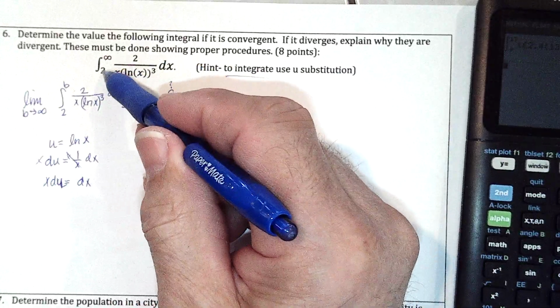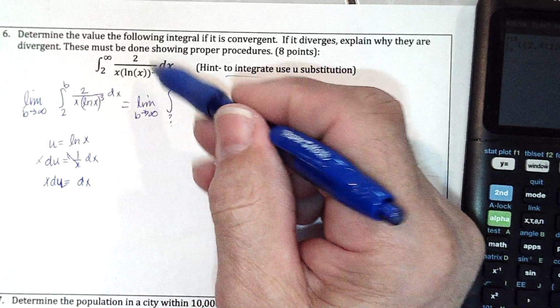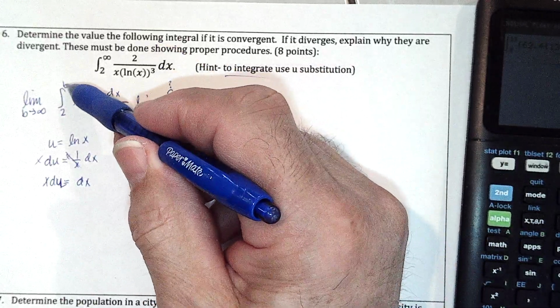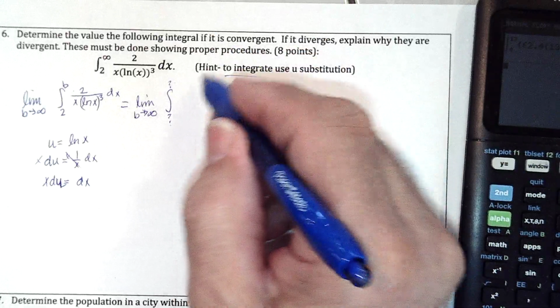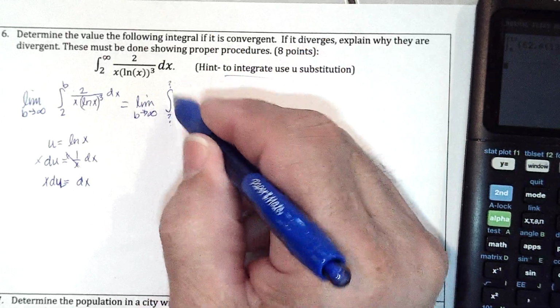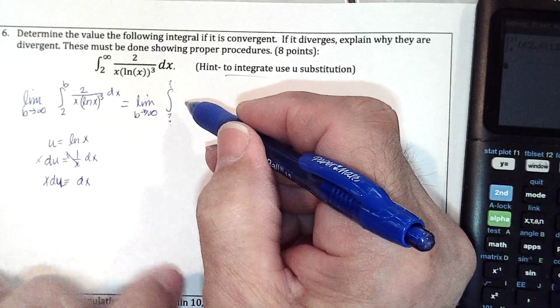I could put in ln 2 to ln b if you wanted, but I'm just going to come back to x's.